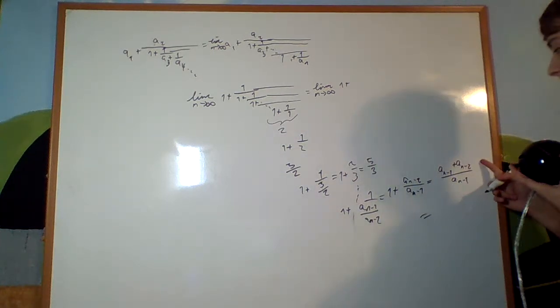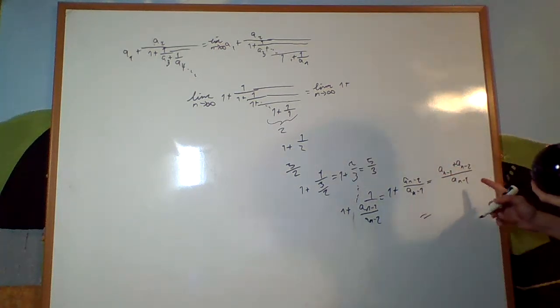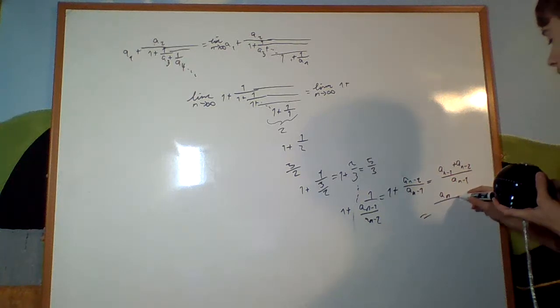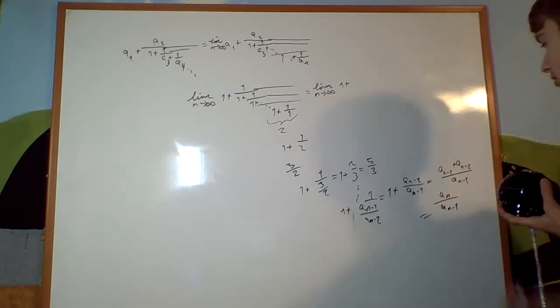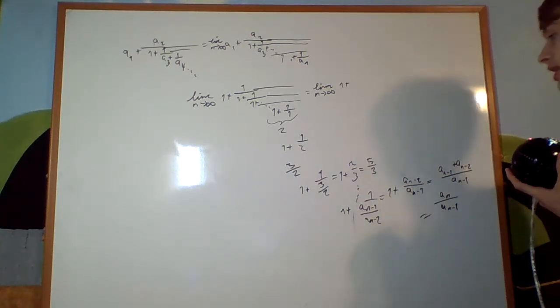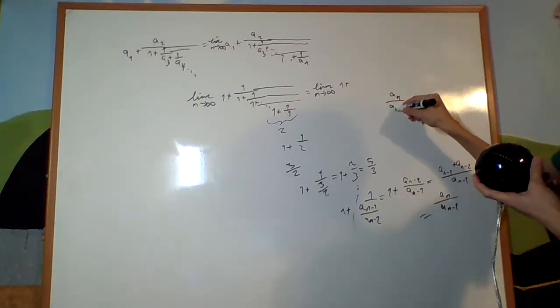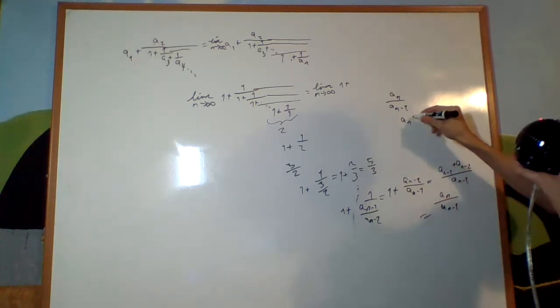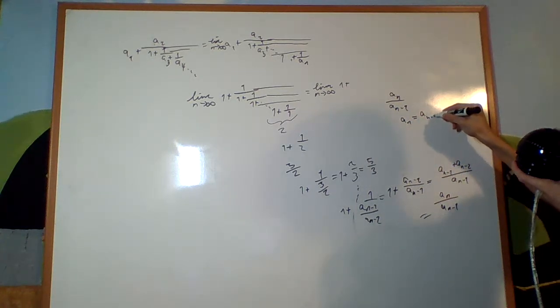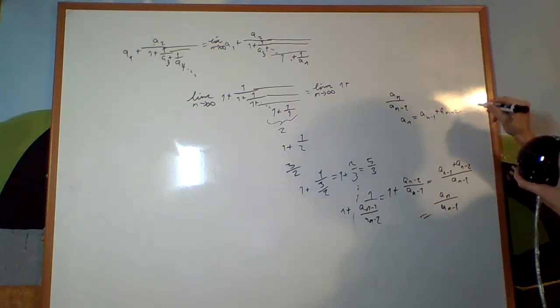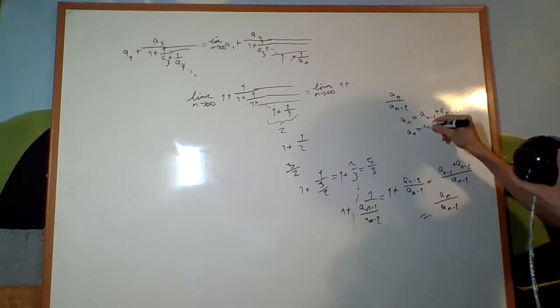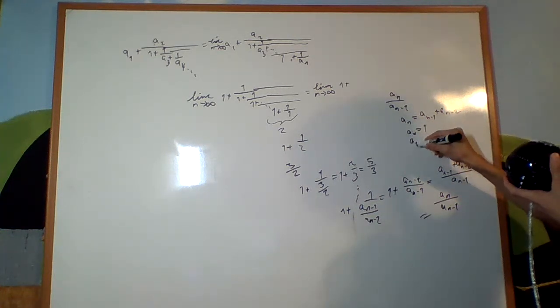Let's define an to be a(n-1) plus a(n-2). So then I get an over a(n-1). So this really is the ratio of an to a(n-1), where an equals a(n-1) plus a(n-2), where a0 is 1 and a1 is 1.